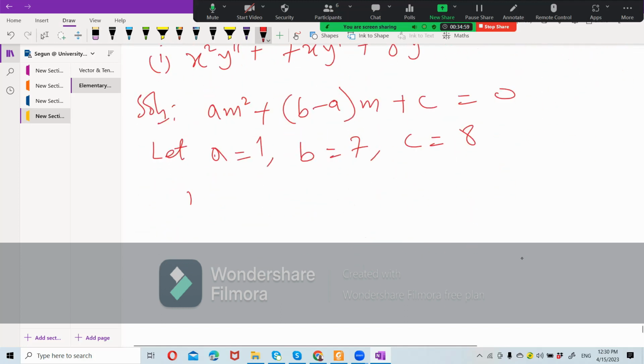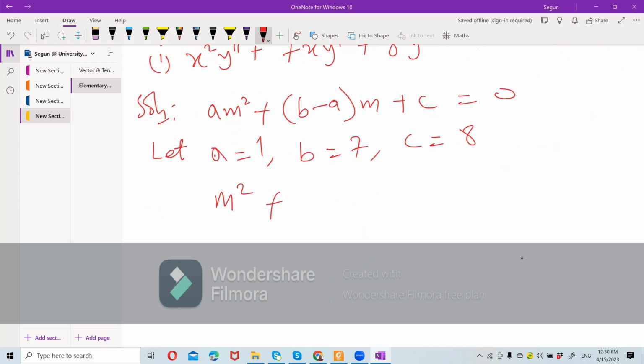Now, let's substitute it into our own general equation. A is 1. So we have m squared plus (7 minus 1)m plus 8 equals to 0. So we have m squared plus 6m plus 8 equals to 0.